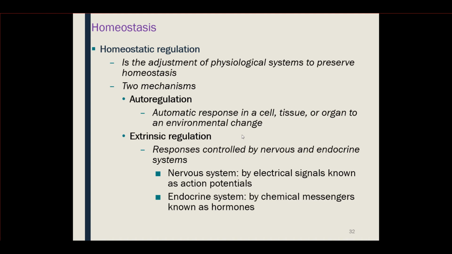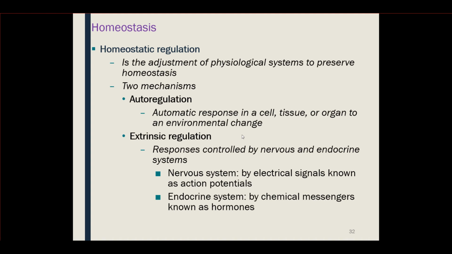Let's say in a cell, something just goes out of alignment. The cell makes the correction itself to reestablish homeostasis. Or let's say if you look at your right arm and for whatever reason there's not enough blood going into the right arm, the right arm will make adjustments to dilate the blood vessels to bring more blood into the area, right?